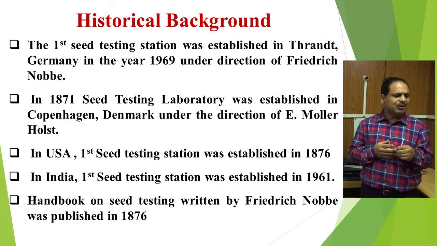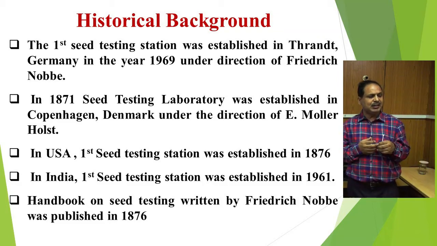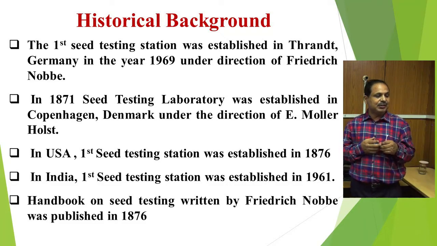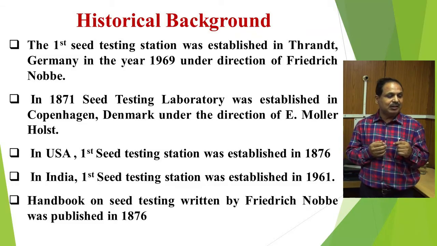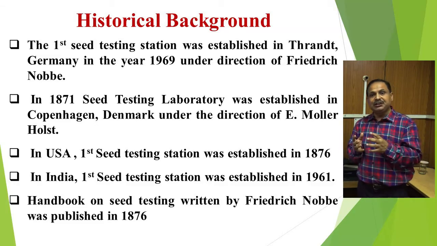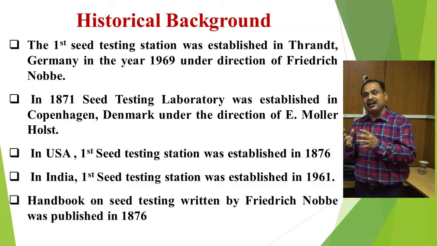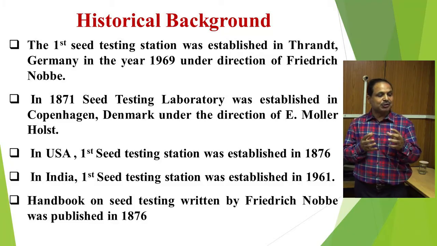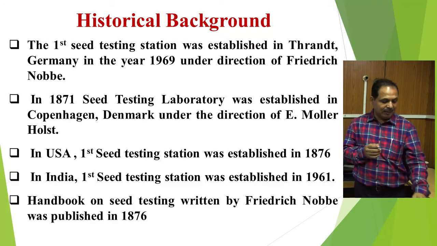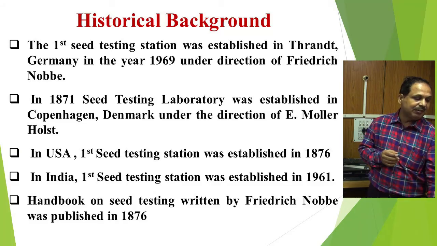In 1871, a seed testing laboratory was established in Copenhagen in Denmark, and in India, the first seed testing station was established in the year 1961. For all these seed testing procedures and guidelines, a handbook on seed testing was written by Friedrich Nobbe and published in the year 1876.